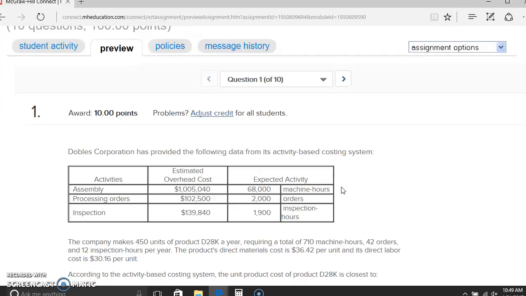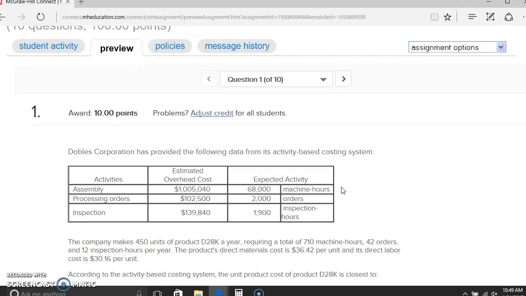For processing orders, the cost driver is the number of orders. They won't have overhead cost if they're not processing orders. And for inspections, the cost driver is inspection hours. Again, they won't have that cost if they don't have any inspection hours.